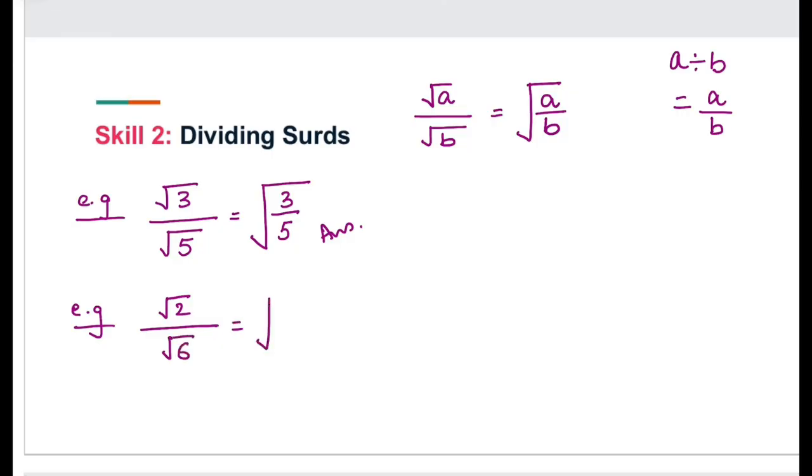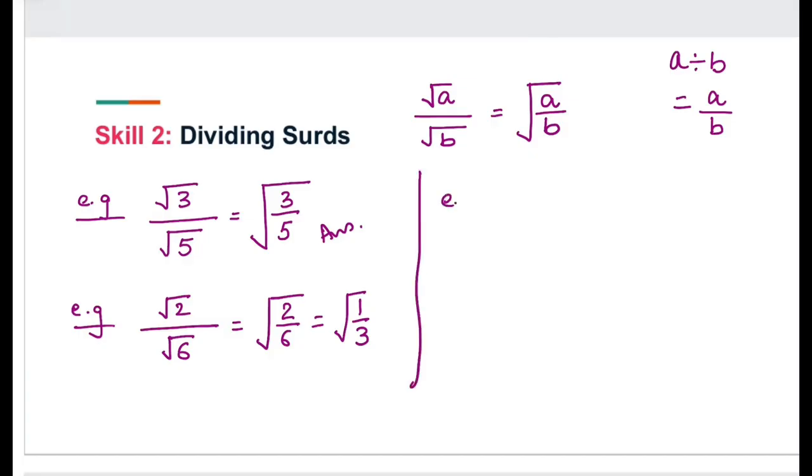So that will become square root of 2 over 6, and that gives you square root of 1 over 3, right? You can, or you should, simplify what's inside the square root.